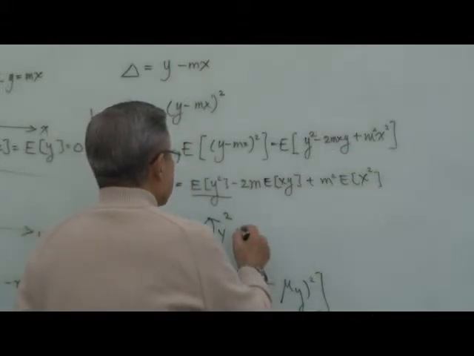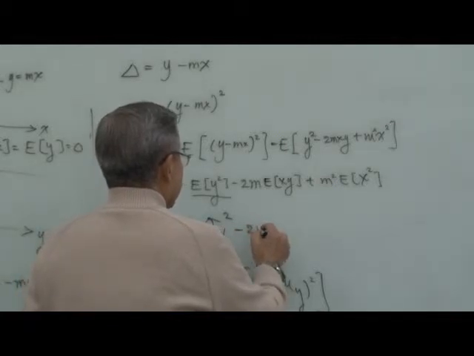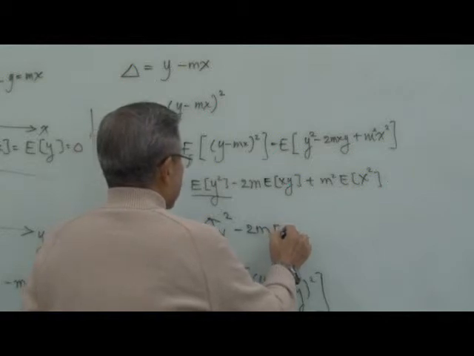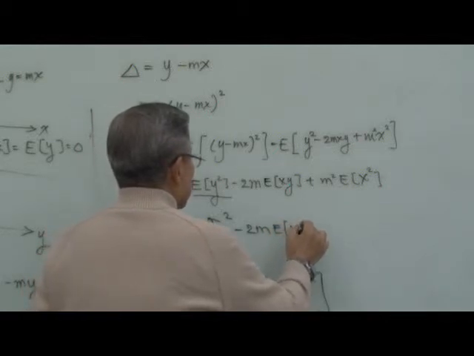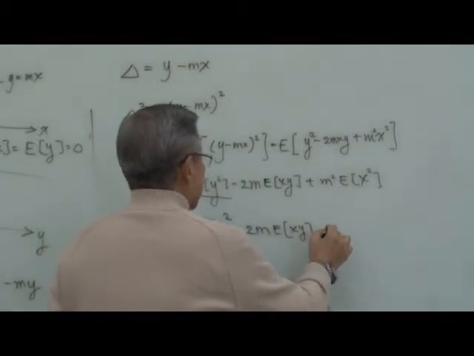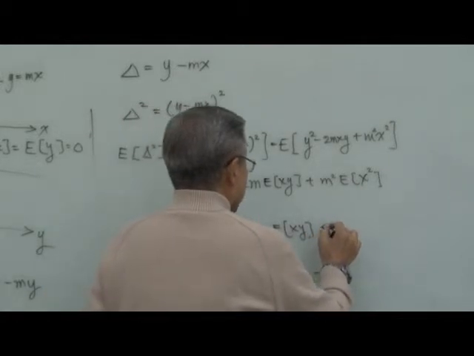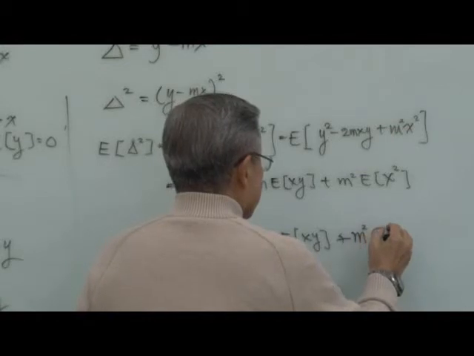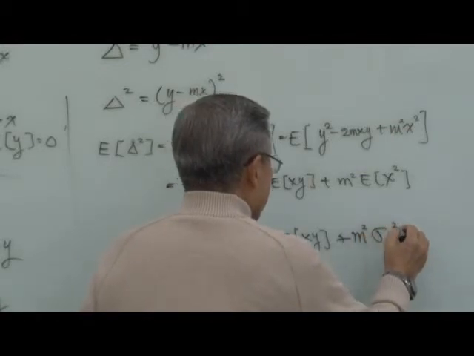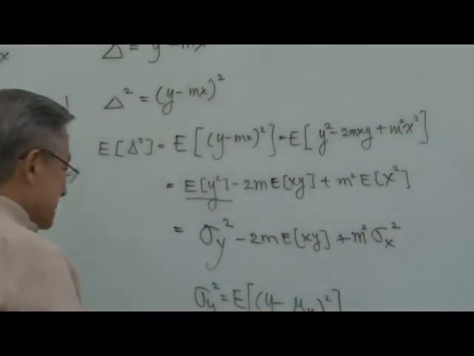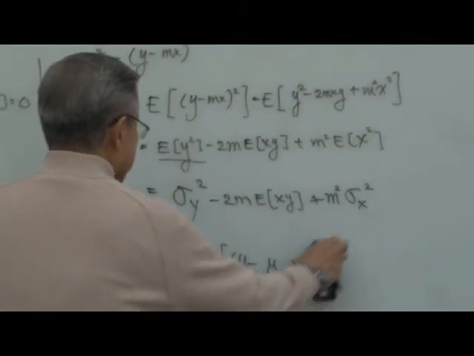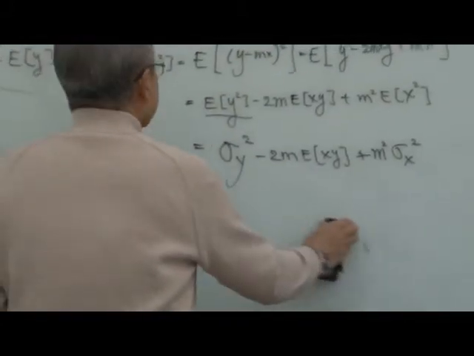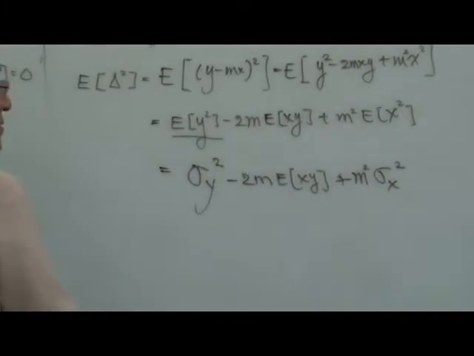So this is minus 2m E of xy plus m squared sigma x squared. Then what do you do?